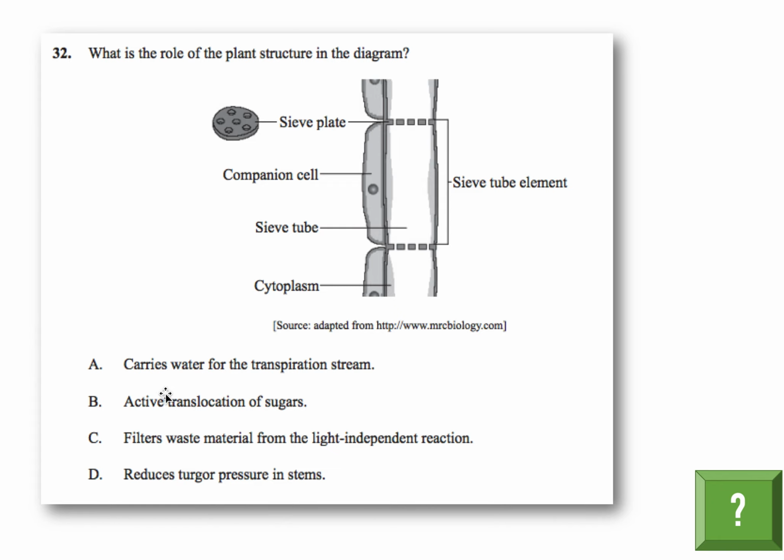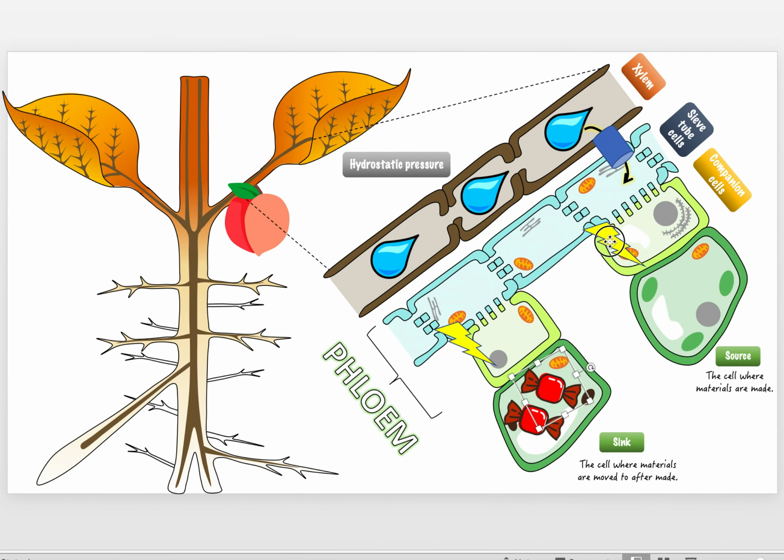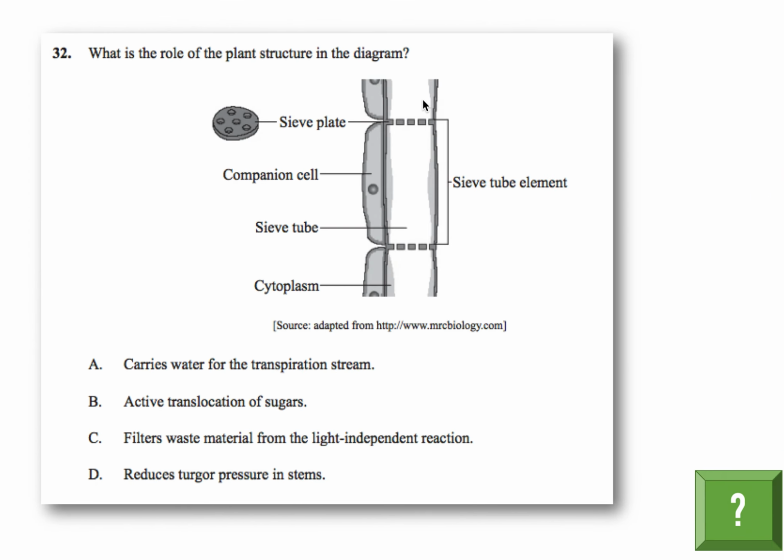So active translocation of sugars. Why active? Because we need energy. Active means you require energy, whereas passive means you don't. So that's why it's called active translocation, because this process that they're pointing at, this diagram, requires ATP, right? So it's going to be B.